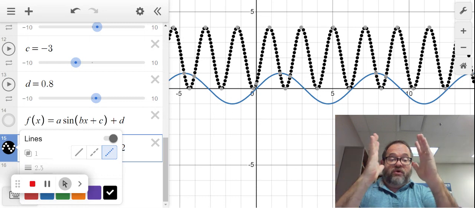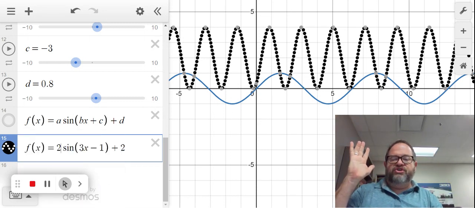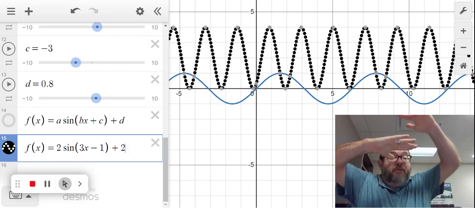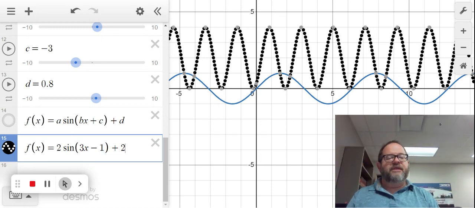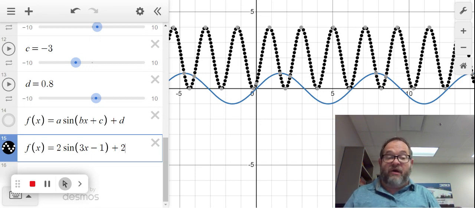It's compressed horizontally. It's shifted horizontally, which is a little bit hard to see, and it's been pushed up by 2 units. This idea of how we can transform functions in this way is a hugely powerful tool. It helps us anticipate what graphs will look like just based on what the equation looks like.